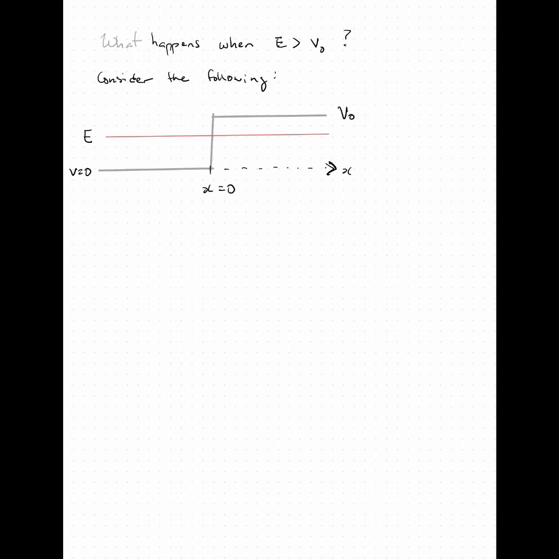And so how do we tackle this? Well, we write down the time-independent Schrödinger equation, as we've been doing for the past few classes. So let's consider that once more.